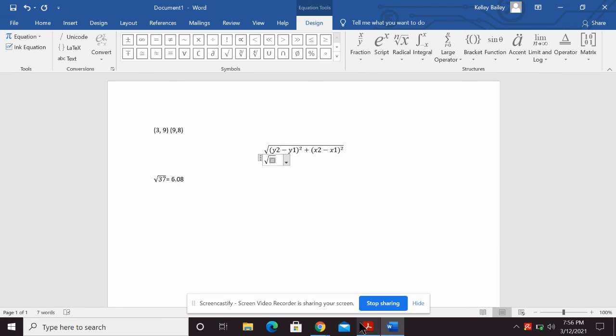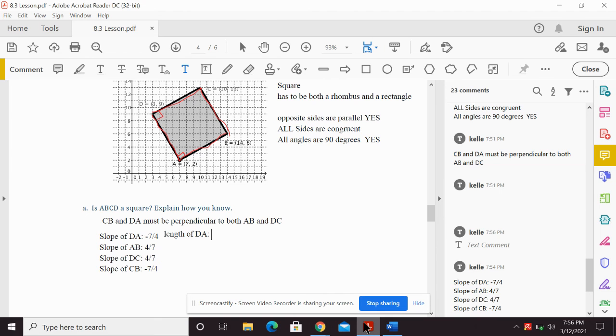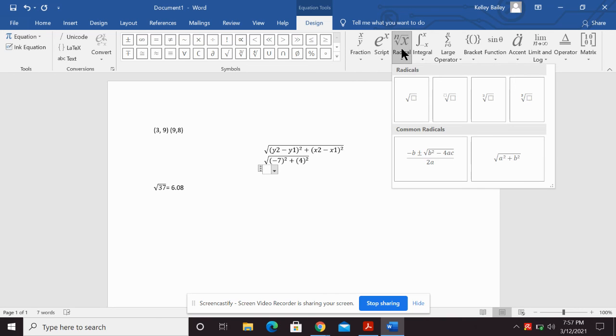My change in y is negative 7. Change in x is 4. So that's negative 7 squared plus 4 squared. Let's see if we simplify.